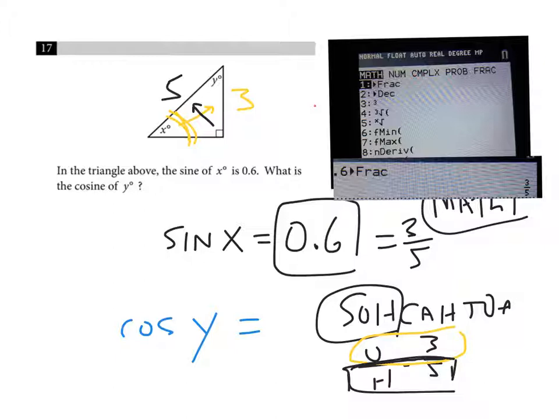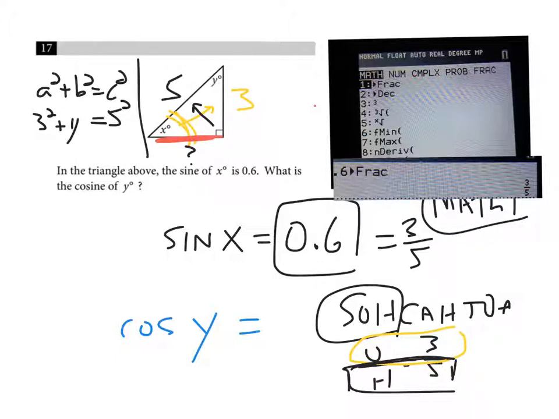So what does that missing side turn out to be? Well, either I can remember the 3, 4, 5 Pythagorean triple, or I can do a squared plus b squared equals c squared. C is the hypotenuse, so it's 5 squared. So here I can have 3 squared plus, maybe I'll call that z squared. I'll call this side z.